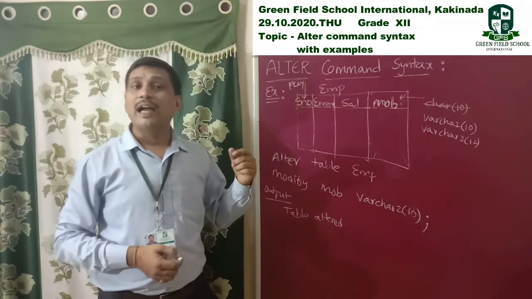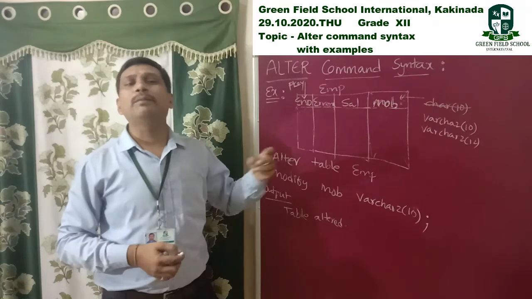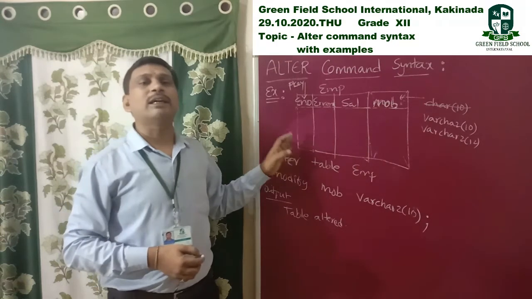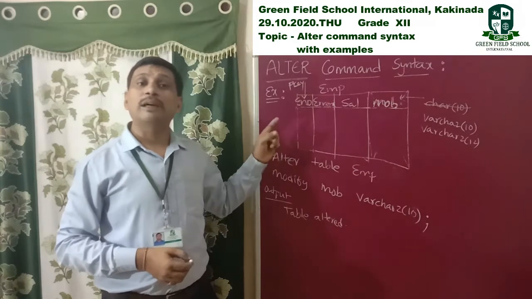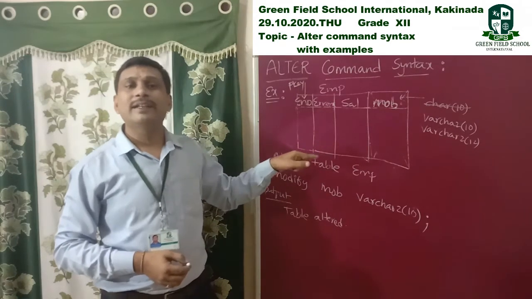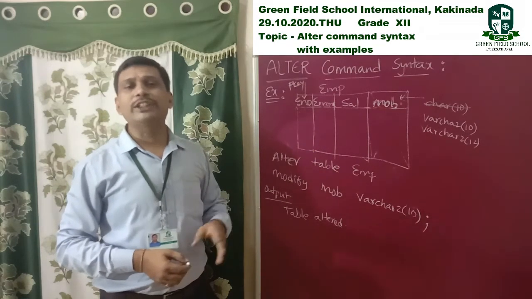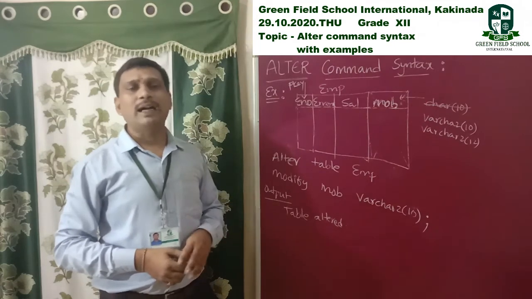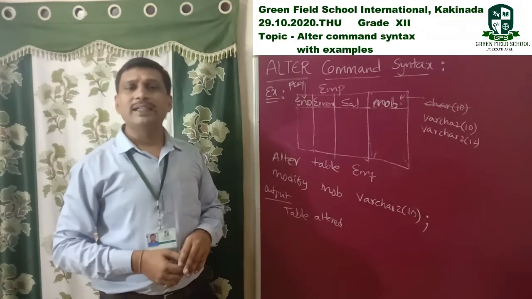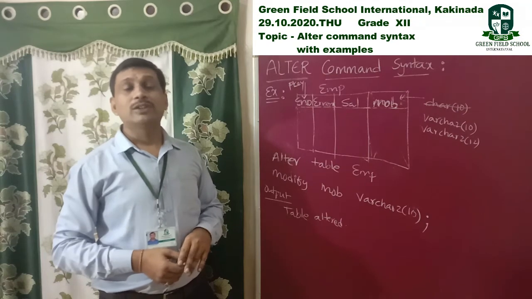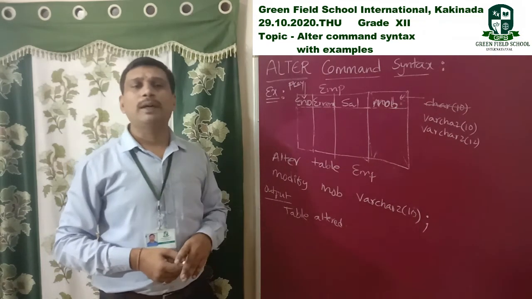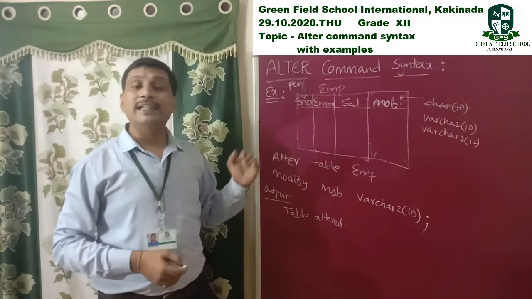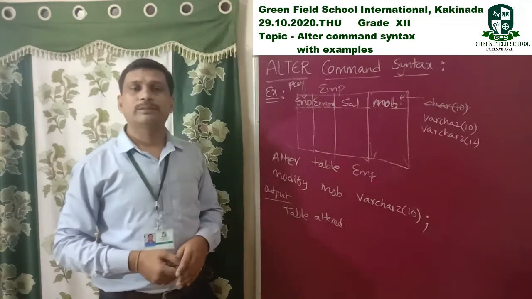DML applies only on the table's data. DDL applies not only on the table's data but also on the entire table structure, definition or schema. All these can be changed. That's why the DDL alter command is very, very important, because it has so many options.